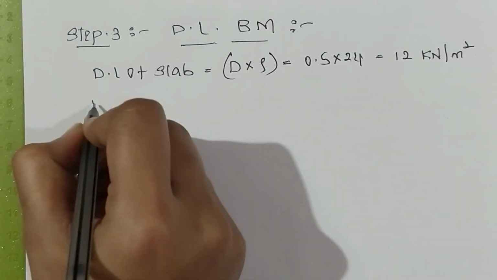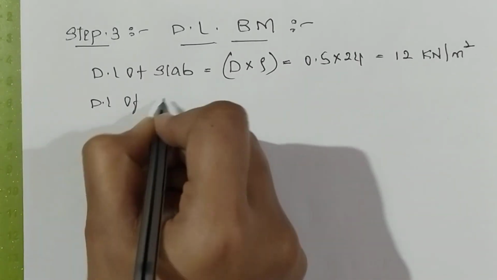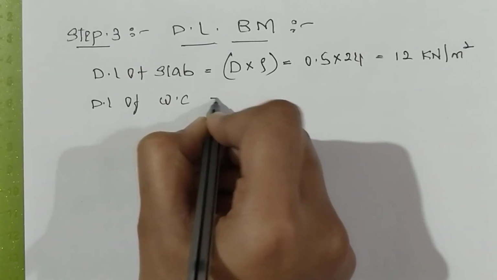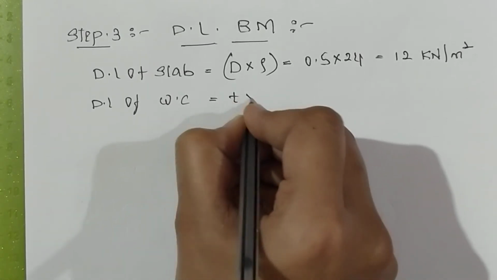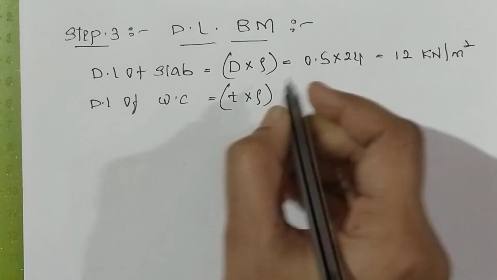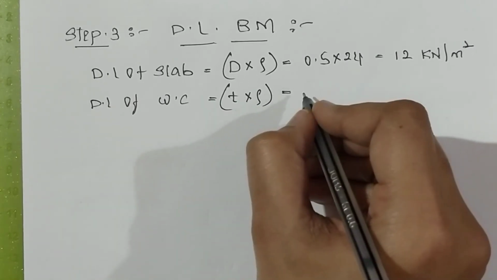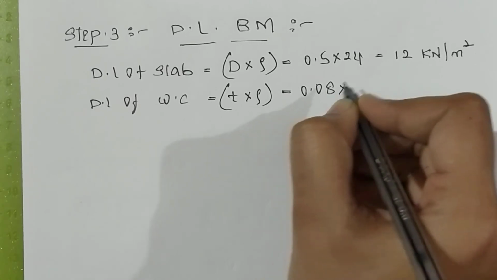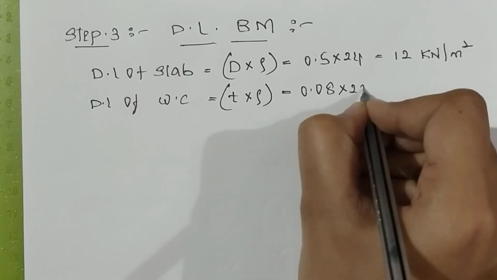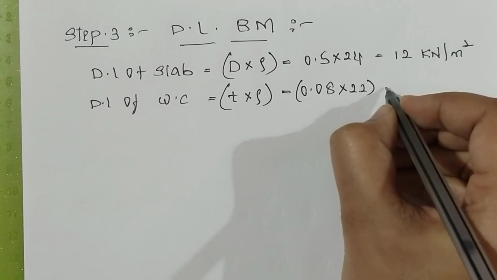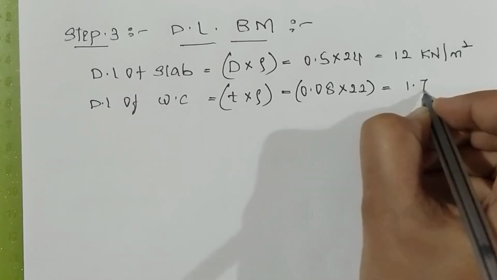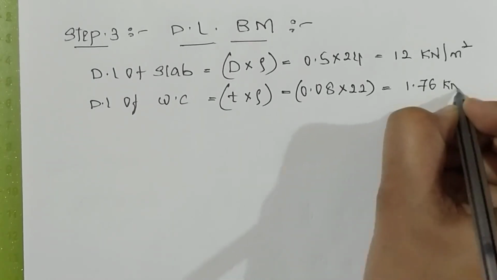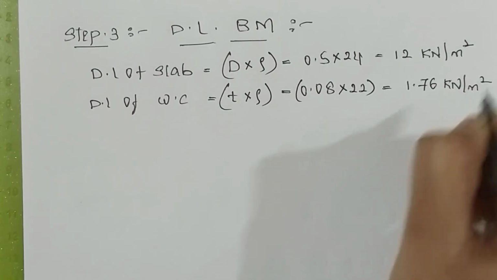Next, calculate dead load of wearing coat. That will be equal to thickness multiplied by its density. Thickness of wearing coat, it is what? 80 mm. That is 0.08. Take the density for the wearing coat, it is 22. Then calculate it, that is 1.76 kilonewton per meter square.